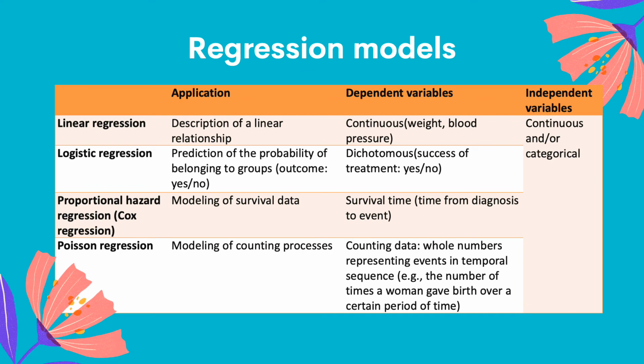Here are the different regression models. We have linear regression, logistic regression, proportional hazard regression, and Poisson regression. The simplest one is linear regression, which deals with the description of a linear relationship.